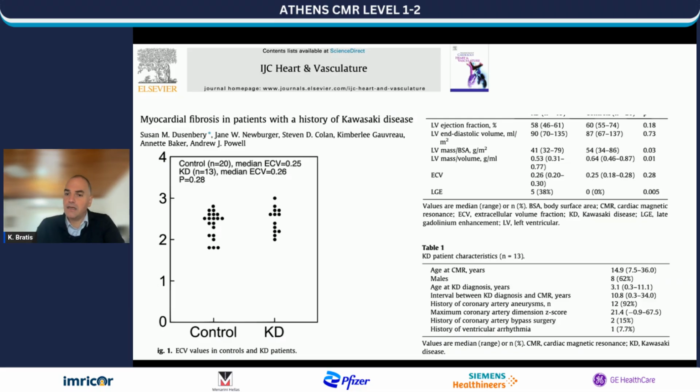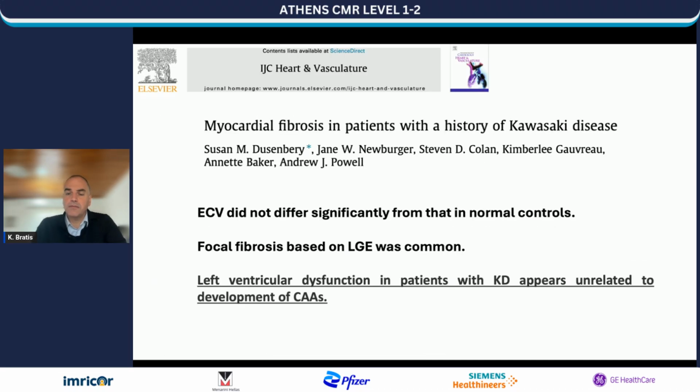I present here a small study with ECV analysis, so parametric T1 imaging of the myocardium in Kawasaki disease patients, in whom there was no significant difference compared to normals. While on the other hand, and as we have already demonstrated, focal fibrosis was not uncommon.